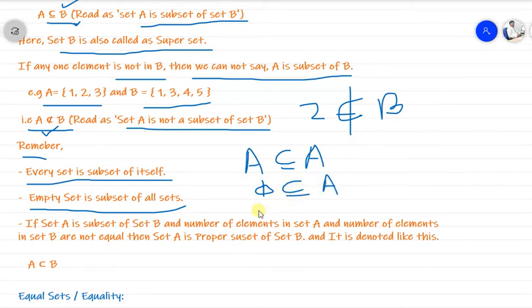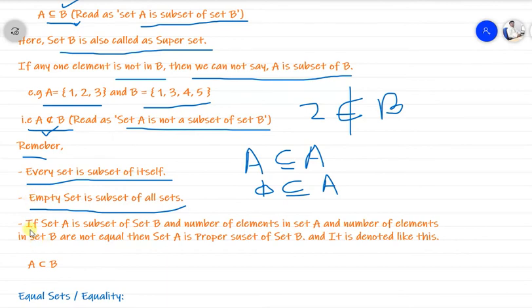Phi is a subset of phi also. Phi is a subset of any other set also, because it is an empty set. It's a subset of all sets. For example, the universal set is a subset of the universal set, because every set is a subset of itself, right? So these are the concepts we need to understand and keep in our mind.